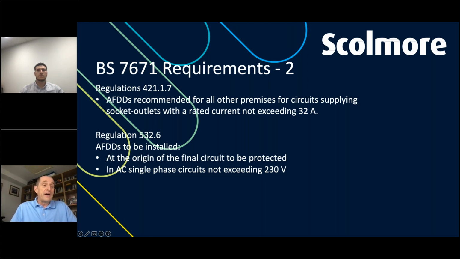If I was having my consumer unit replaced, I would be putting an AFDD in my house. There's an element of additional cost, but it makes good safety sense, and I would include it as a default position, speaking personally.